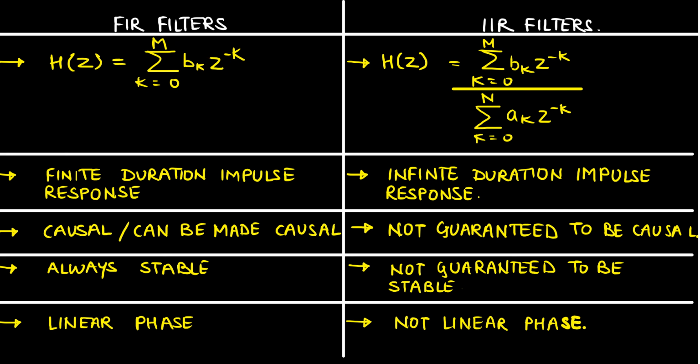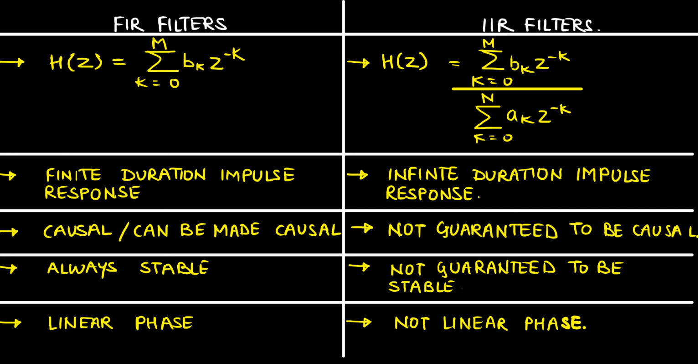The symmetric and antisymmetric nature of the FIR filters allows us to achieve linear phase, and this linear phase allows us to have a constant amount of delay for each and every frequency component that is available in the signal or in the system response. And IIR filters do not have a linear phase characteristic.